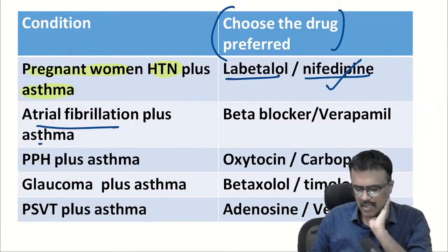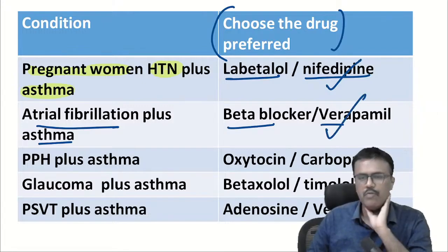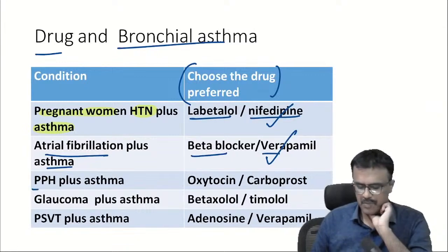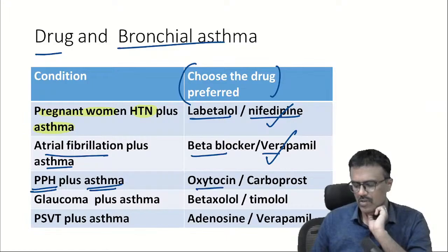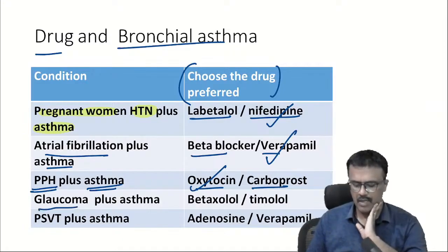Atrial fibrillation in an asthma patient, will you prefer beta blocker or verapamil? I'll go for CCB. I don't want to take risk with beta blocker. Suppose a patient has postpartum hemorrhage and asthma. Will you give oxytocin or carboprost? I will give oxytocin. Carboprost, I don't give. Glaucoma and asthma, will you give betaxolol or timolol?